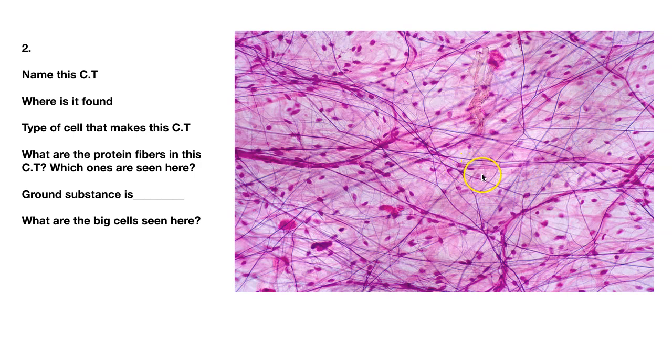And then you can see these wider light pink protein fibers in here. What are these wider light pink protein fibers? What kind of protein fibers are these? The ground substance in this connective tissue is what? Liquid, gel-like, firm, or hard.